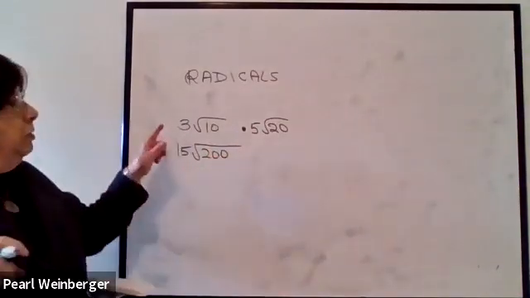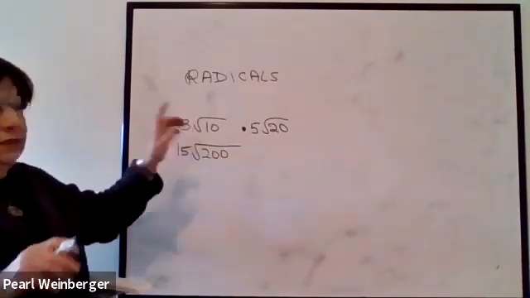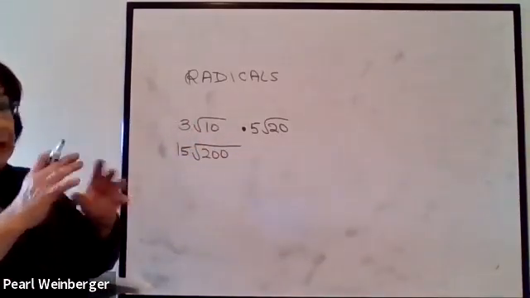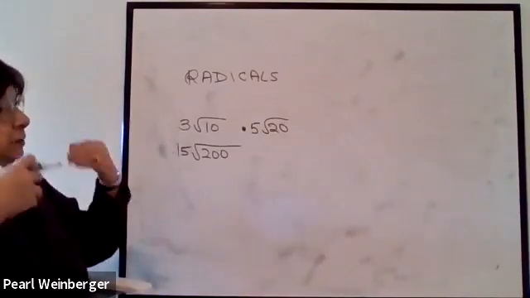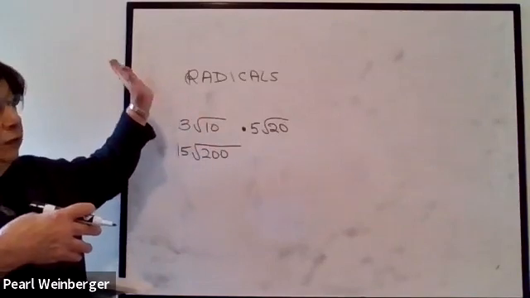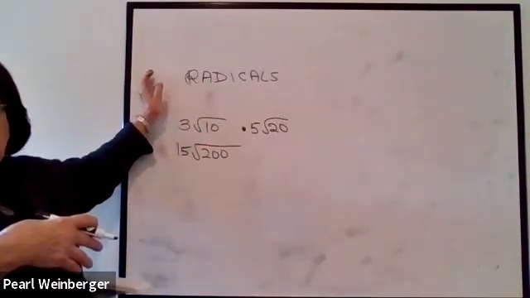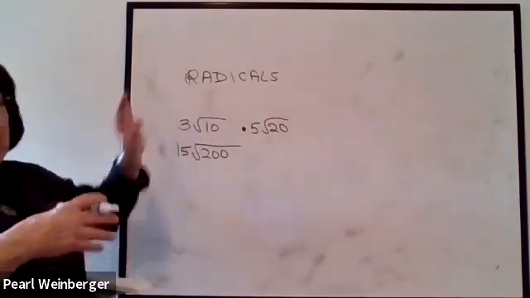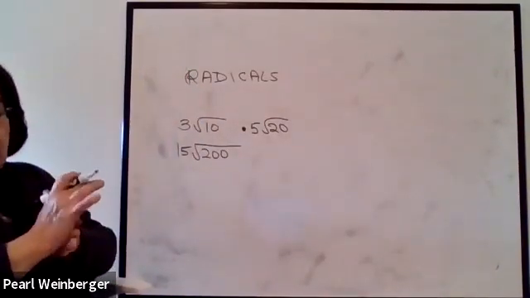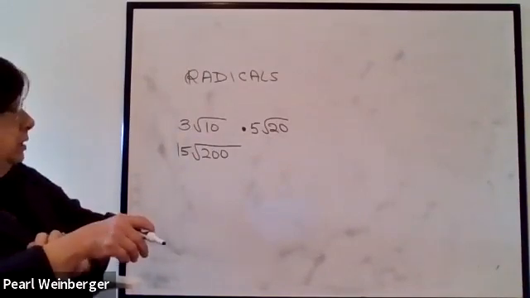You can never multiply a number that's outside a radical with a number that's inside the radicals. Outside numbers by outside numbers, insides by insides. That's why when we were simplifying before, we were very careful. We only multiplied the number, the coefficient on the outside once there were other numbers outside. We never took something that's outside a radical and multiplied it with a number that's inside a radical.